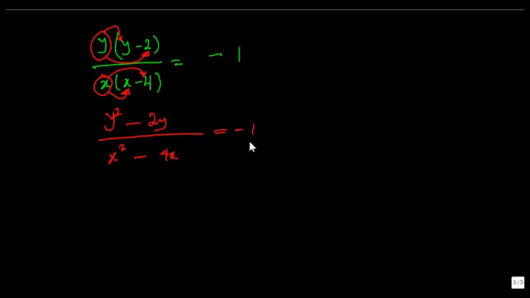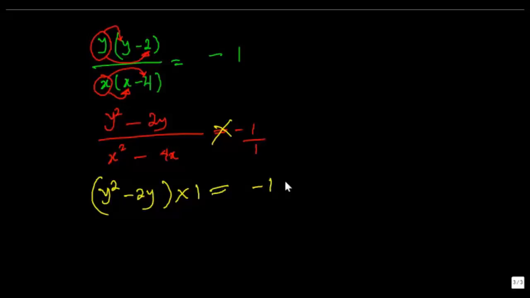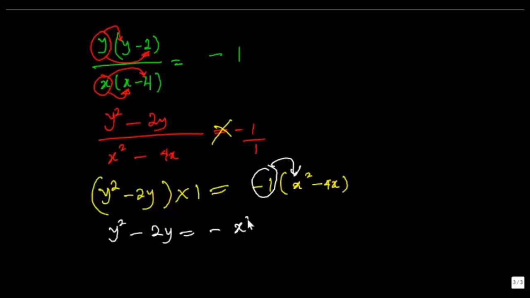We can cross multiply at this junction, so we have y square minus 2y, multiplied by 1, equal to -1 times x square minus 4x. So we have y square minus 2y equal to minus 1 times x square, which gives minus x square, and minus 1 times minus 4x, which gives plus 4x.